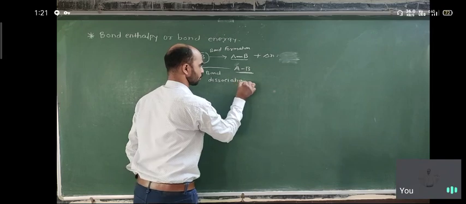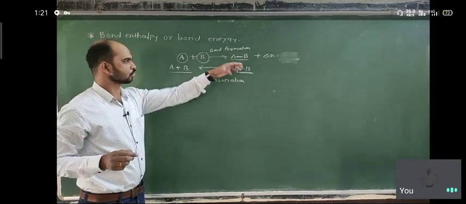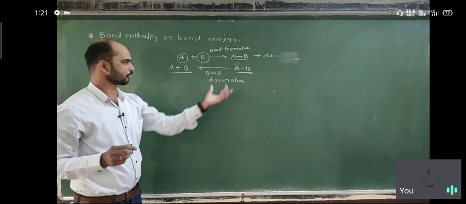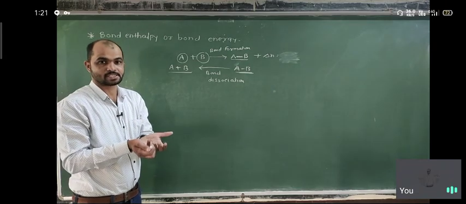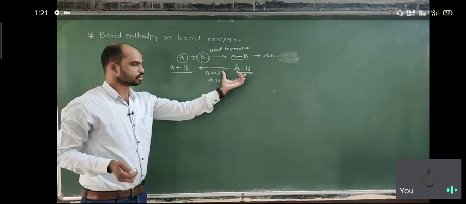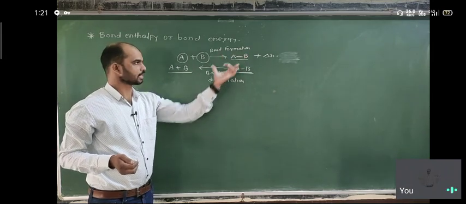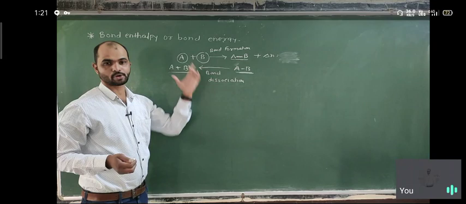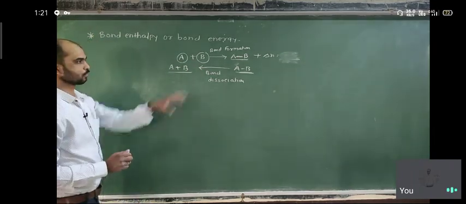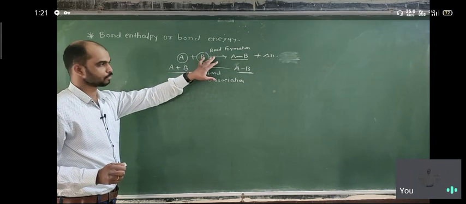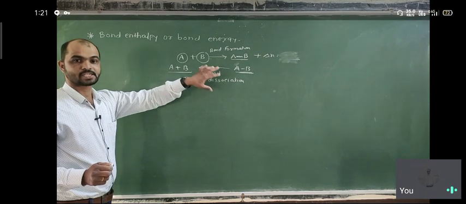So dissociation energy is involved here, and formation energy is involved there. When a bond is formed, energy is released, and when a bond is broken, excess energy is required, meaning energy is absorbed. So for bond making, energy is released, and for bond breaking, energy is required.